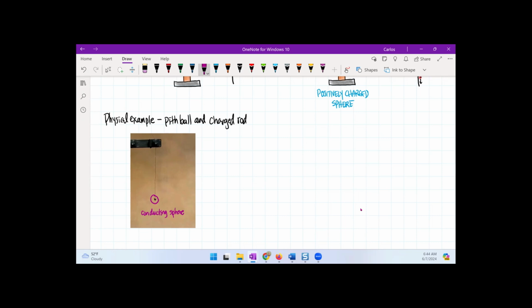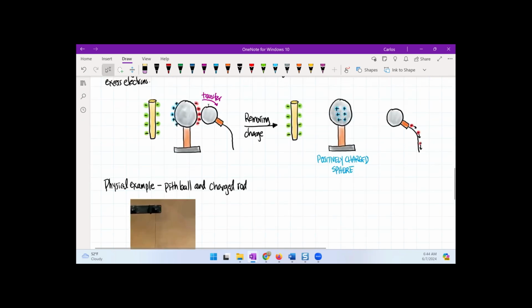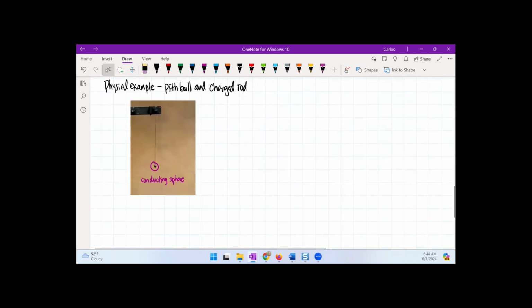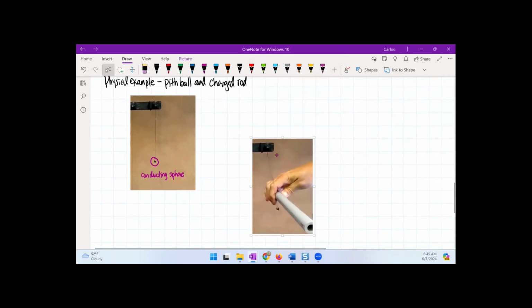The way you neutralize it is that you give it a path. If you touch it with your hand, it acts like this grounding conductor. So now the next thing is that I'm going to bring a charged rod nearby.